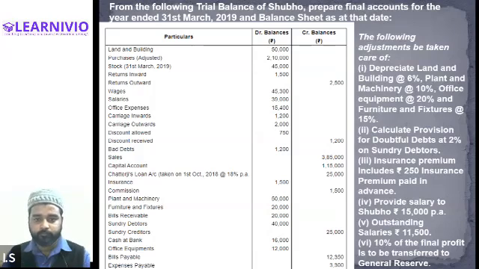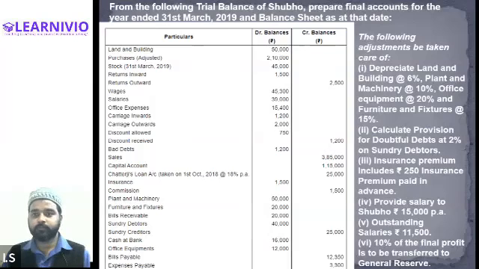Yes. Okay. So the first item we have in the trial balance is land and building. Make sure that there is no adjustment entry on the land and building before posting it in the relevant account.